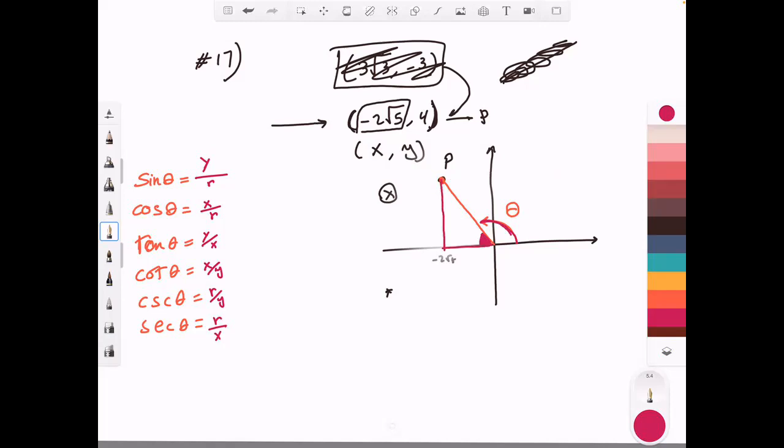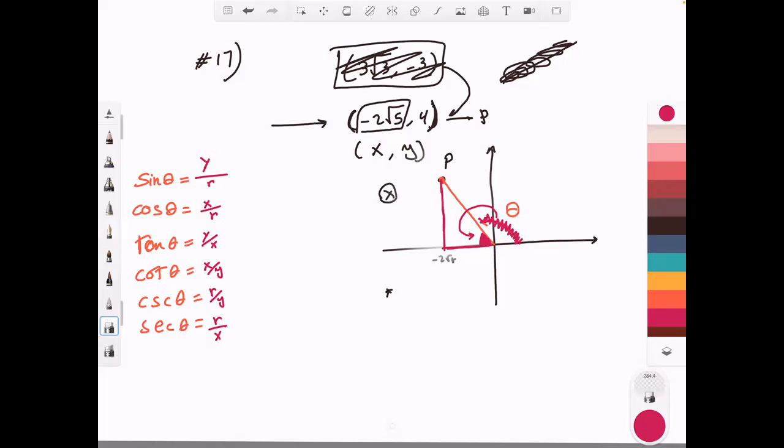I know that when you're visualizing, this angle is not equal to this one. But for sine, cosine, all 6 trigonometric functions, the lengths of y and x will be the same. So we can cheat.